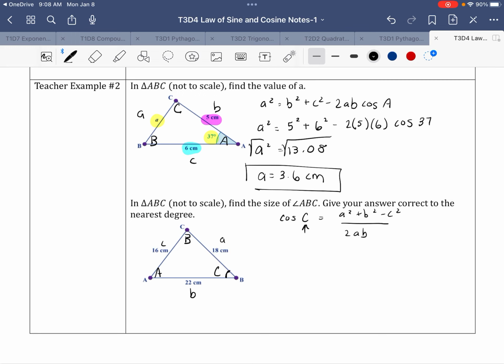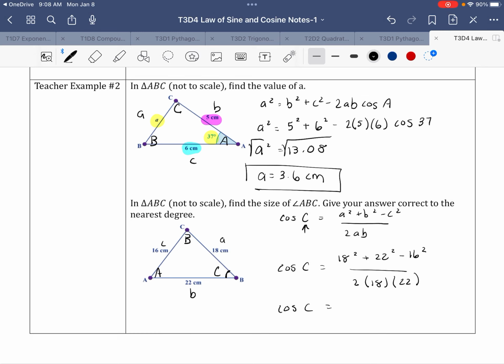our law of cosines. So cosine of C, we don't know what C is, but we know A is 18, so squared, plus 22 squared minus 16 squared all over 2 times A, which is 18, and B, which is 22. Okay? And when we plug all of that into the calculator, 18 squared plus 22 squared minus 16 squared over 2 times 18 times 22, we get 23 over 33.